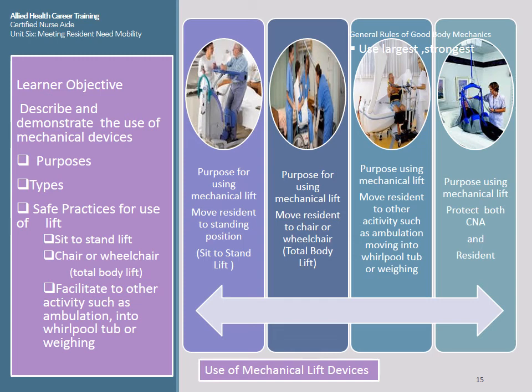The purpose for using mechanical lifts is to move a resident to other activities such as ambulating and moving them into whirlpool tubs or even to weigh them. The purpose of using the mechanical lifts is to protect both the CNA and the resident.